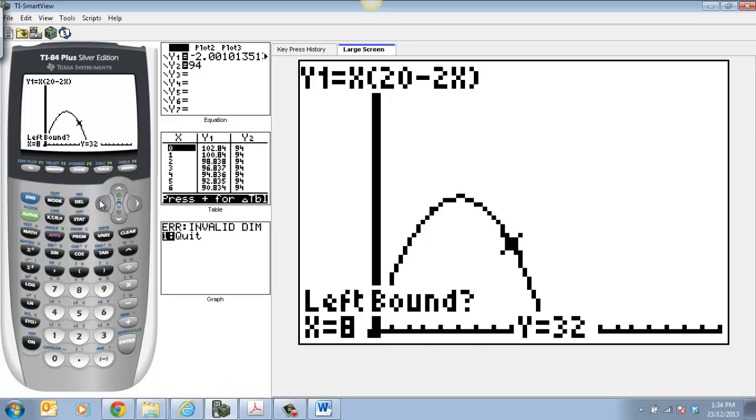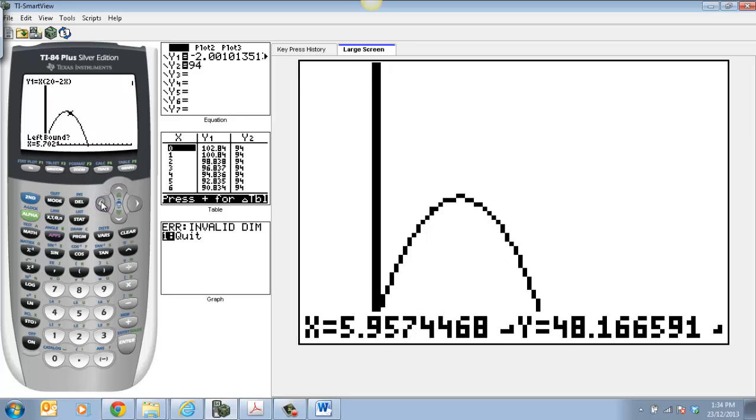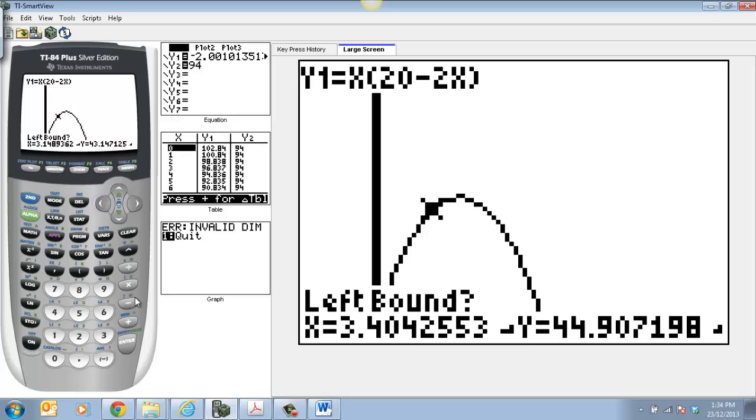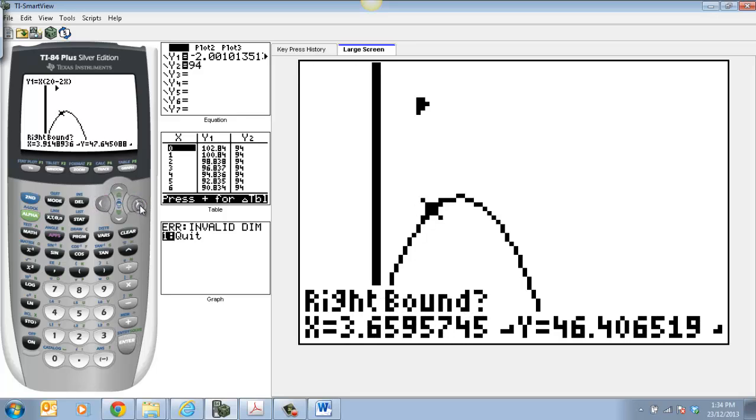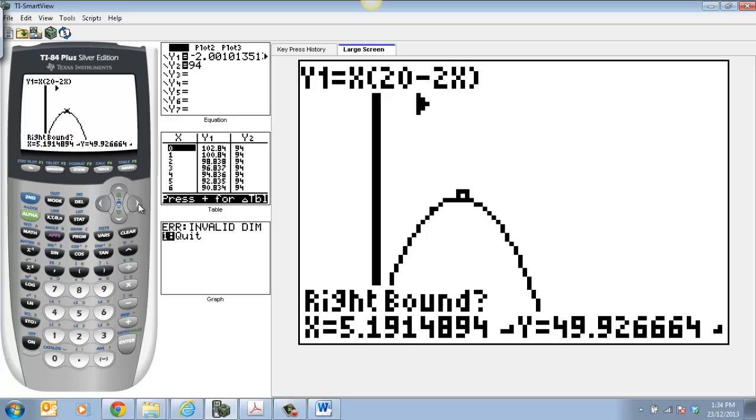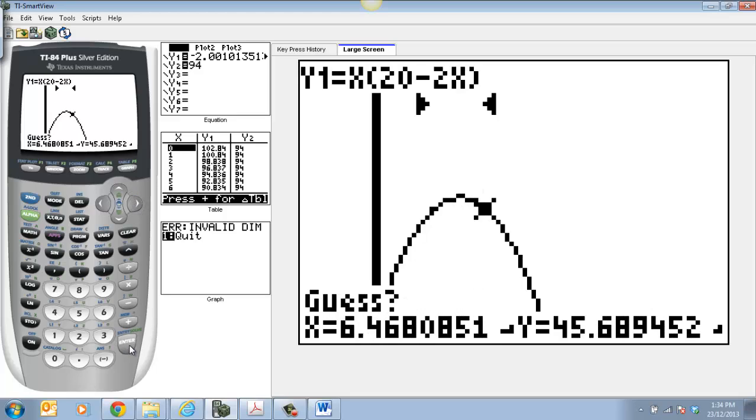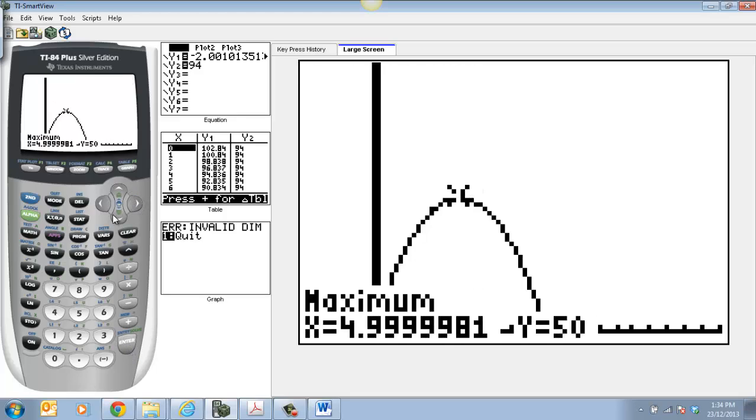Go to the left hand side of that. Enter. Go to my right hand side of that. Don't enter, and then I don't want to make a guess. I want to find that value. So it's roughly 4.99, which we know is 5. 5 and 50 is the answer.